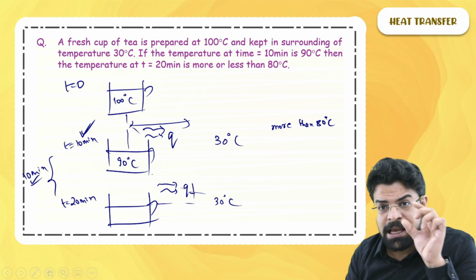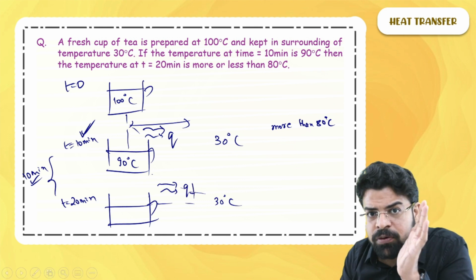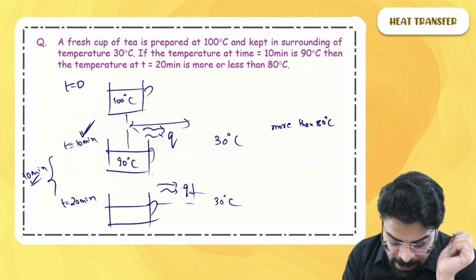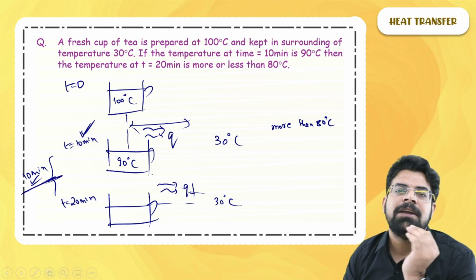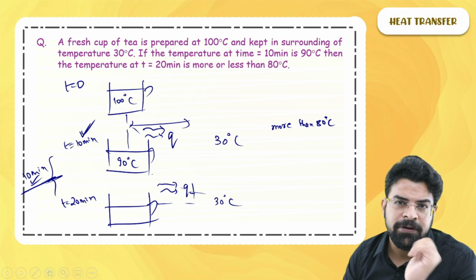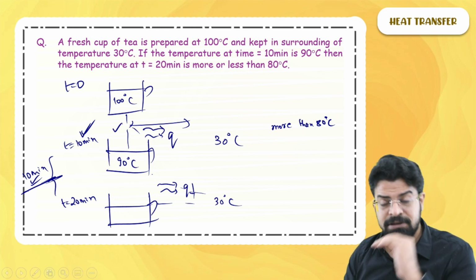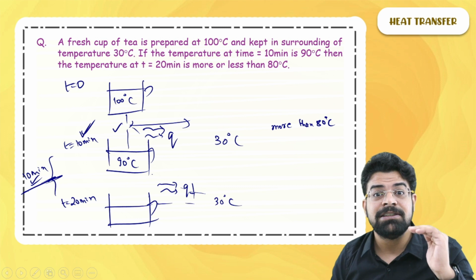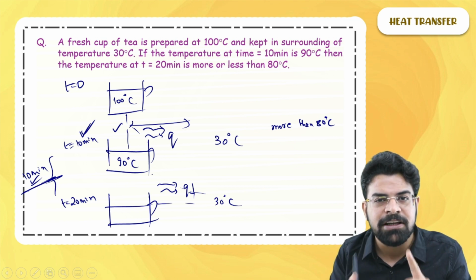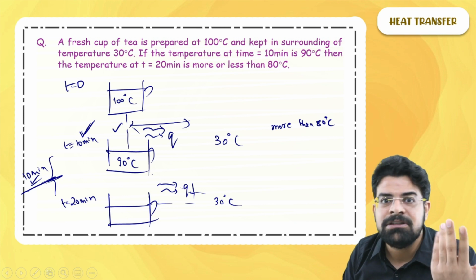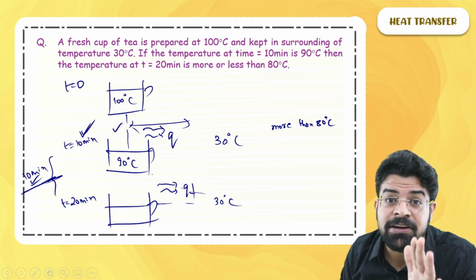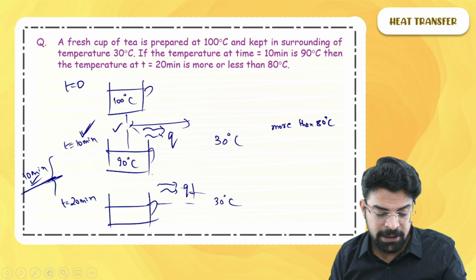So in the same amount of time, a lesser amount of heat will flow, and so the temperature will decrease less. If in the first 10 minutes the temperature decreased by 10 degrees centigrade, in the next 10 minutes it will decrease by less than 10, let's say 7 or 8 degrees centigrade. And the final answer will be more than 80.